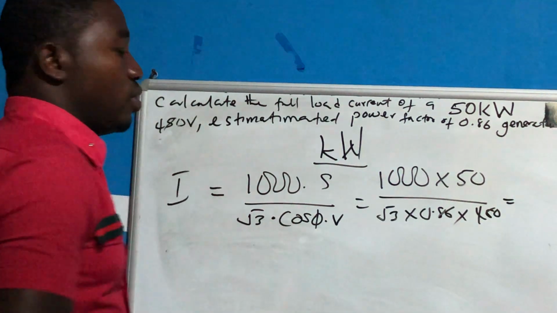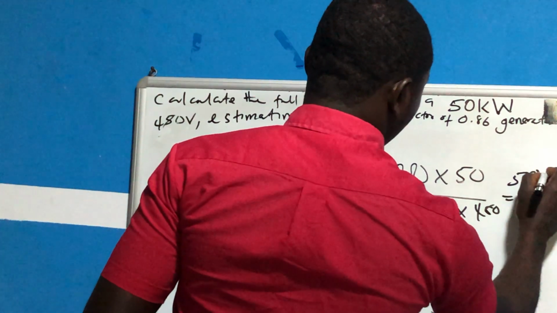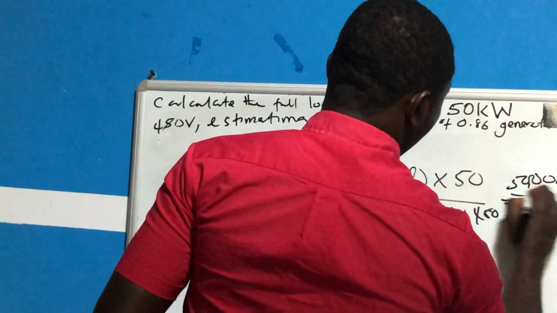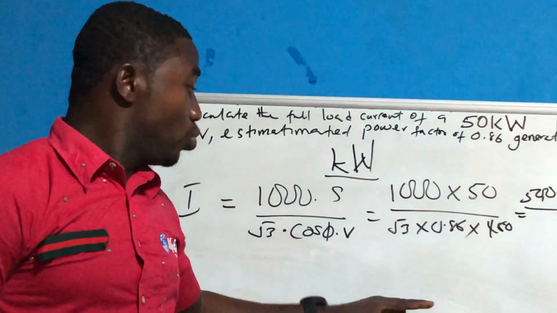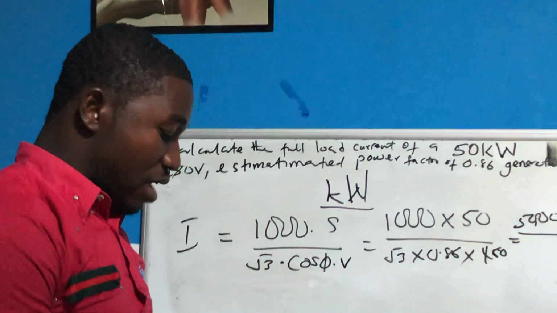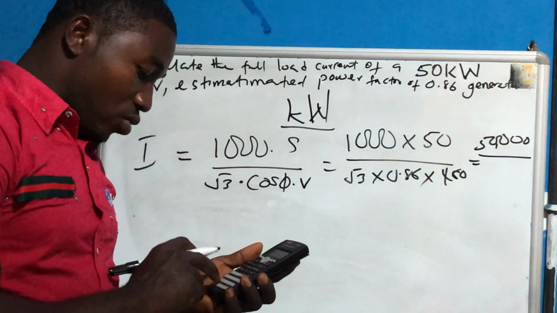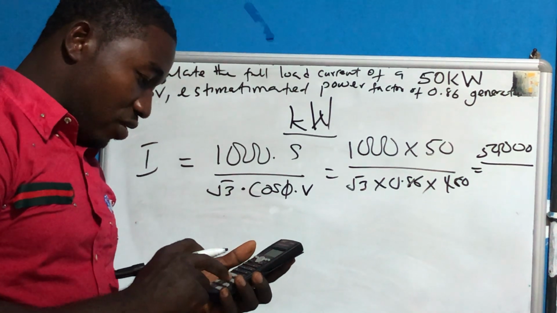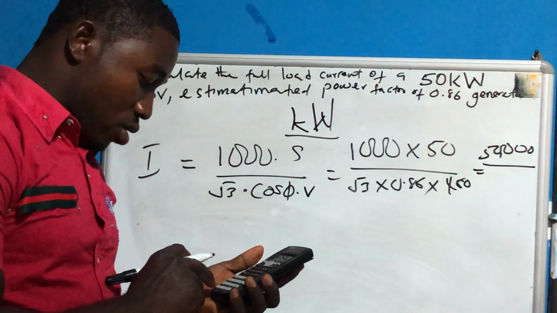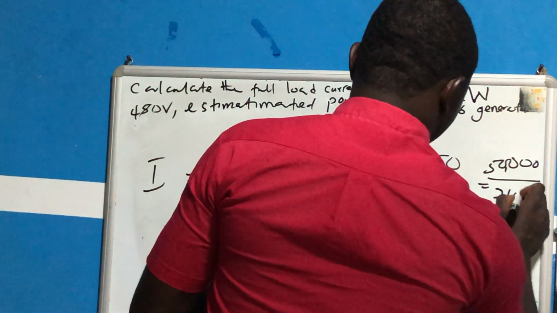So 1000 times 50 is 50,000. Square root of 3 is 1.732 times 0.86 times 480 is equal to 710.016.